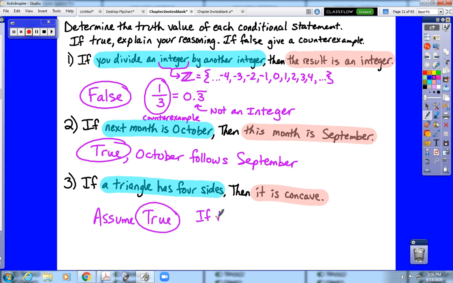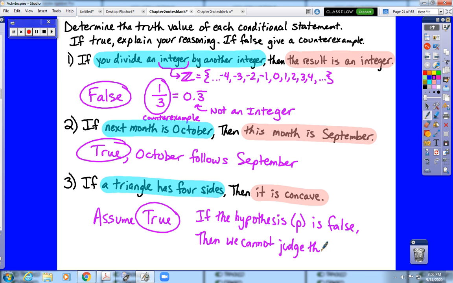If the hypothesis is false, which it is, a triangle cannot have 4 sides, then we cannot judge the conclusion. That is the explanation I would expect to see every single time. We are simply forced to assume that the third statement is true.